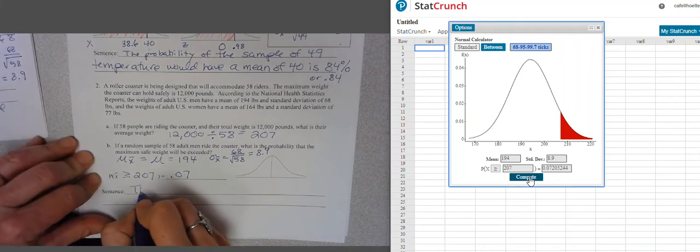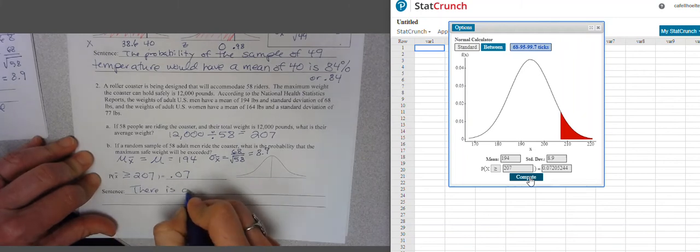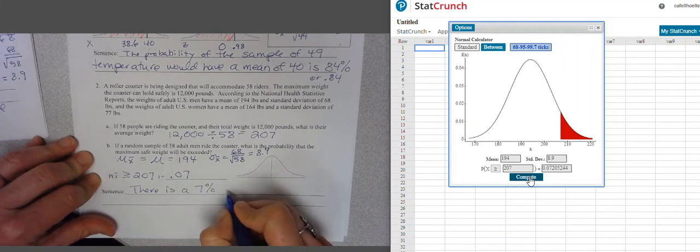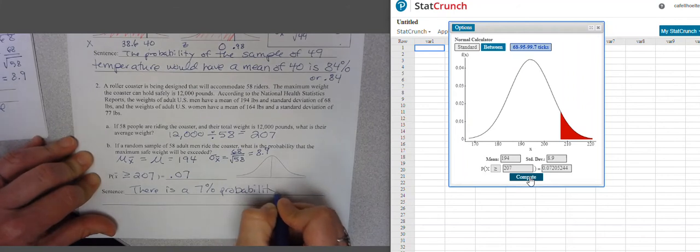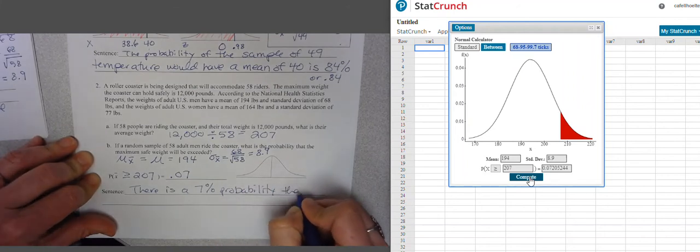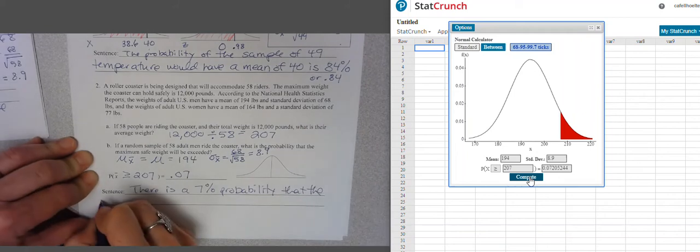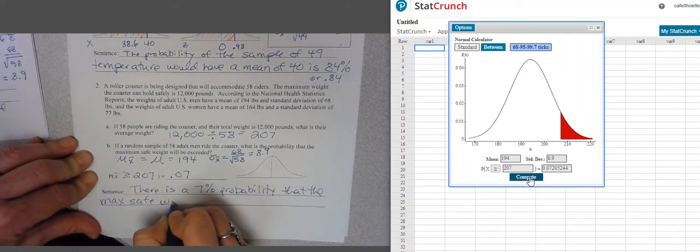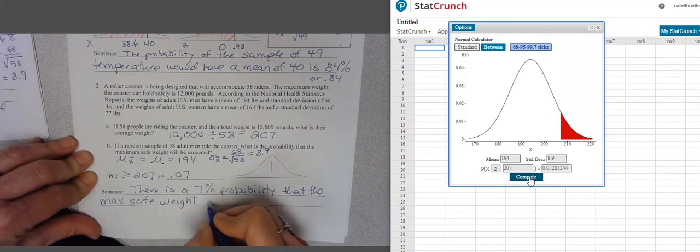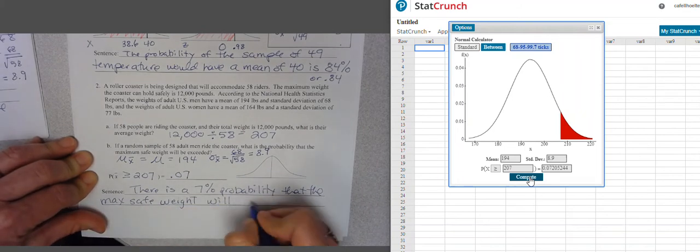So we would say there is a 7% probability that the maximum safe weight will be exceeded.